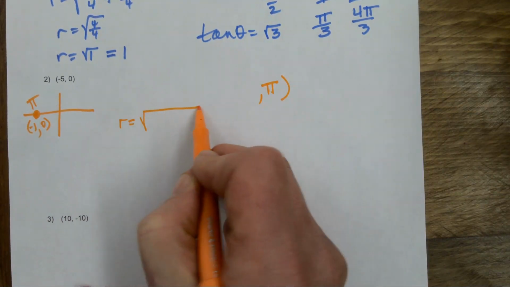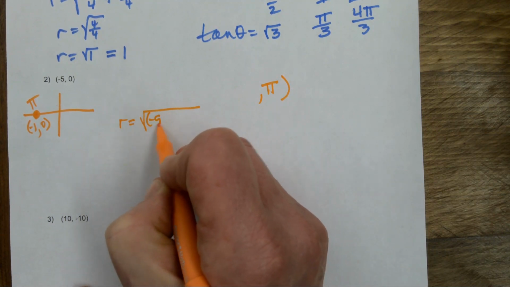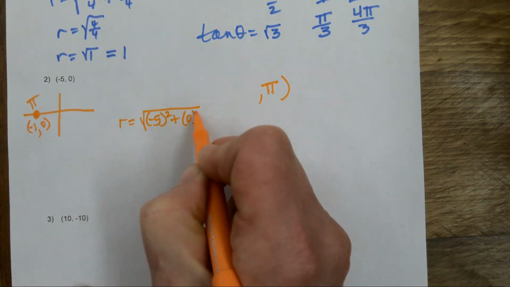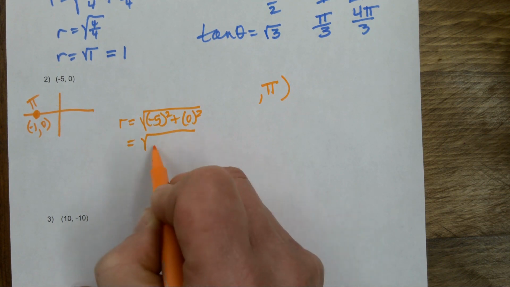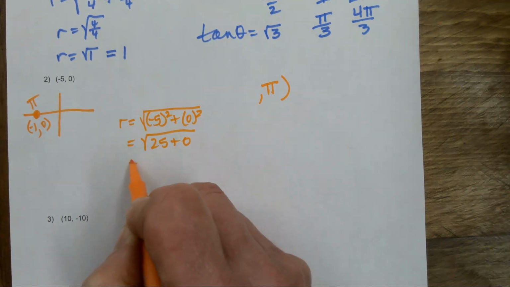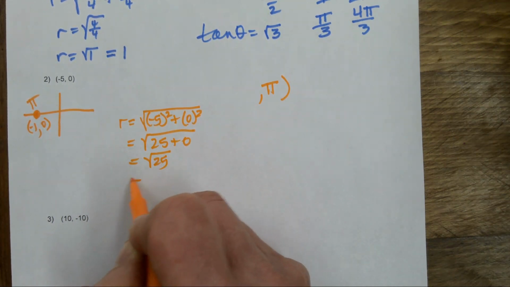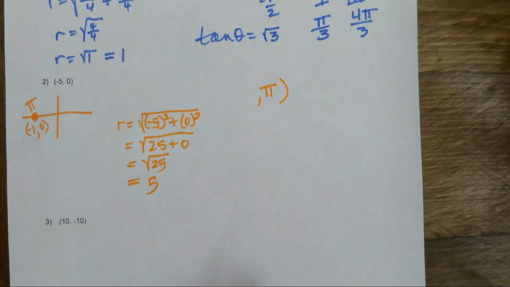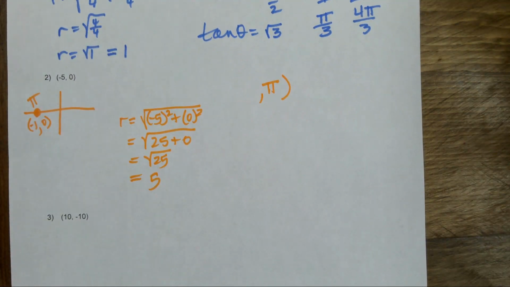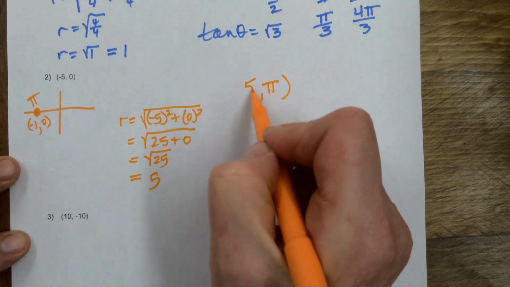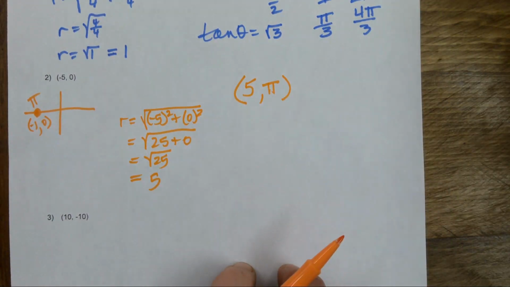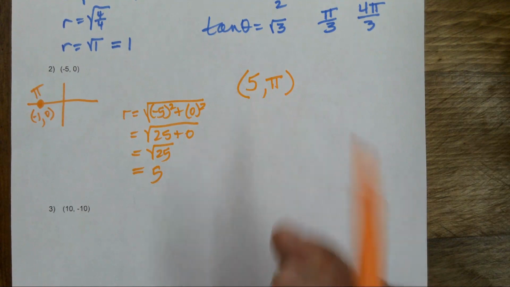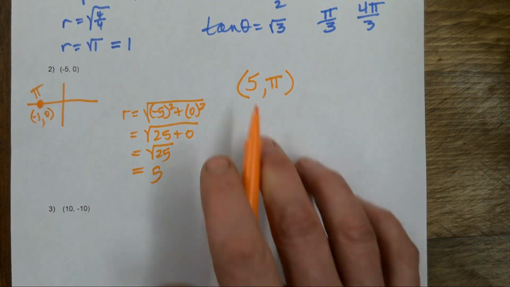It is the square root of x squared plus y squared, which is the square root of 25 plus 0, which is the square root of 25, which is, keep it the positive value. Again, it can be the negative value. We'll talk more about how we do that when we meet again. But this is my angle, or my polar coordinate.